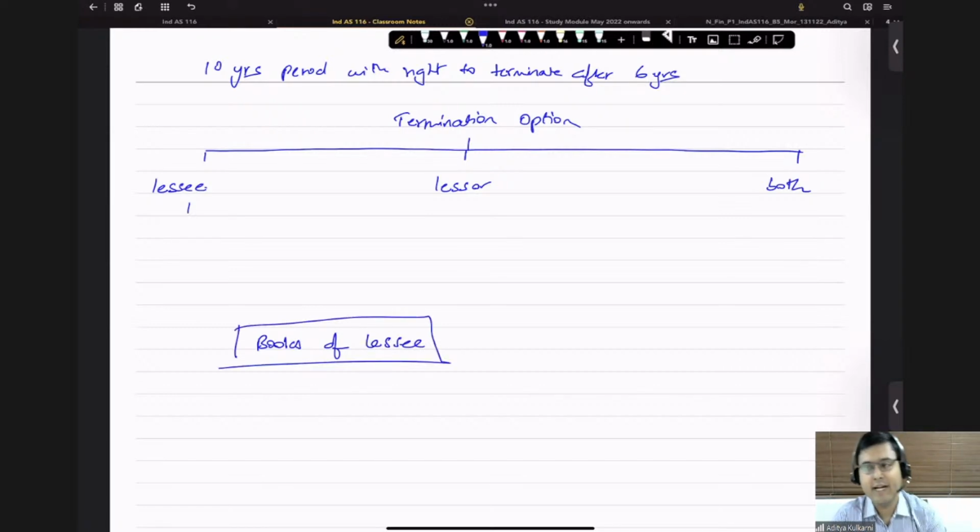I have to decide what my lease period is, because I have to recognize the ROU asset and the lease liability. So Manini says 6 years, Srishti says if it is benefiting, it will be 10 years. What do you think? Others, chip in.